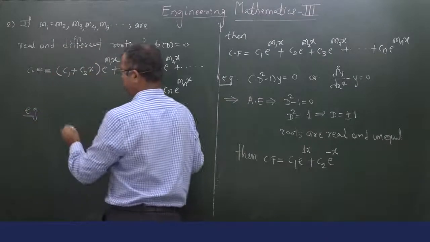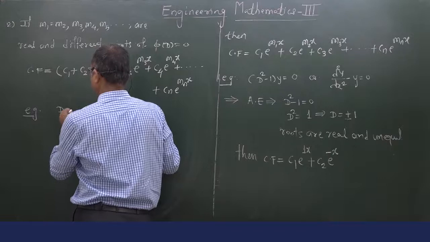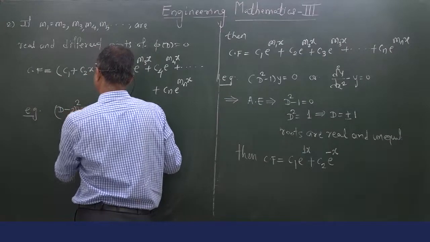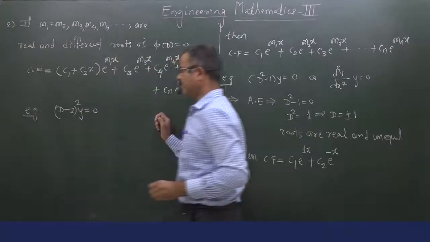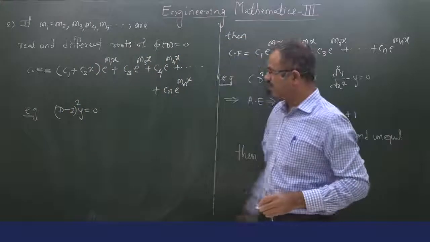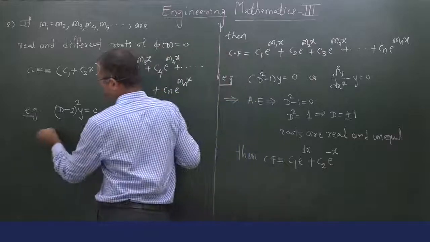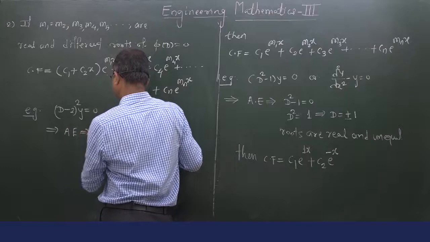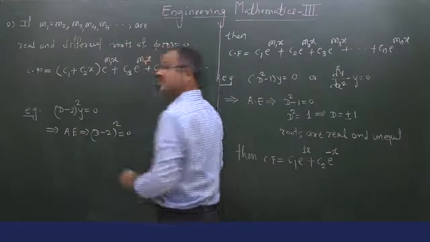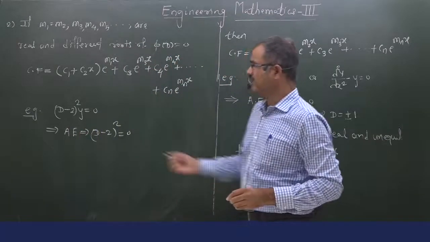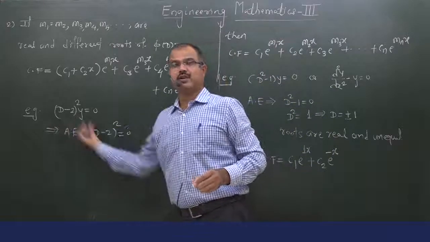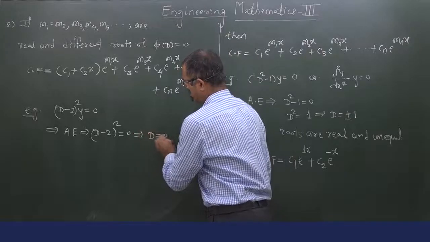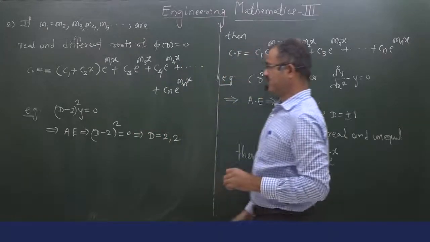For example, if I have been given such a type of equation, (D minus 2) whole square y equal to 0, then here the auxiliary equation is (D minus 2) whole square equal to 0. The auxiliary equation is what? (D minus 2) whole square equal to 0. Then the roots are 2, 2.